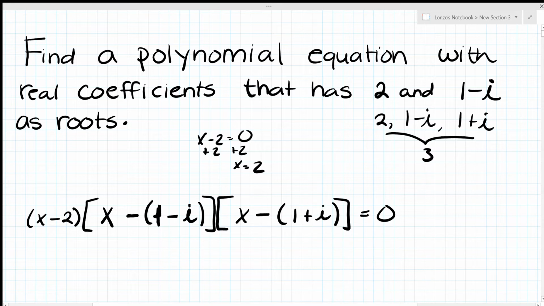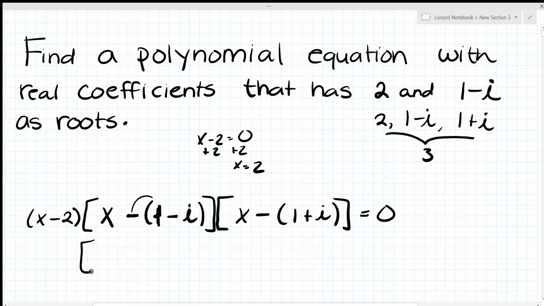Now let's simplify this. Let's not focus on the x minus 2 right away, because that's simple. Let's FOIL this out.